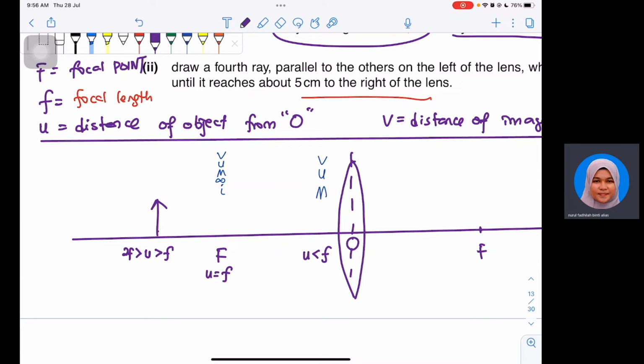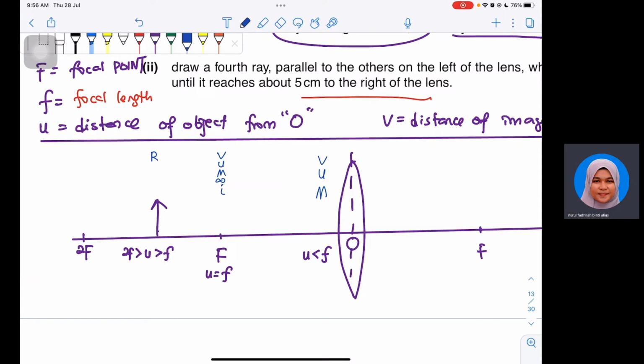What is the meaning of 2F? So F is here, 2F is somewhere here. 2F means the distance is double of the F. So if the position of the object is here, the image you will get now starts to change its character.